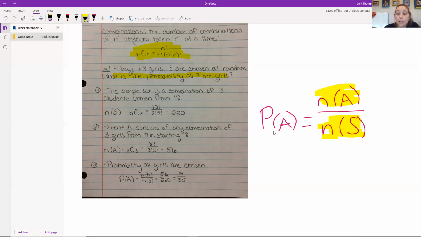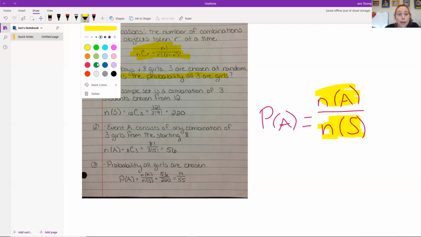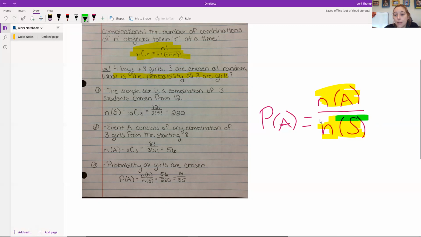First, let's figure out our total number of choices, our sample set. The total of all possibilities is a combination of 3 students chosen from all 12, because we need 3. So 3 chosen from 12.